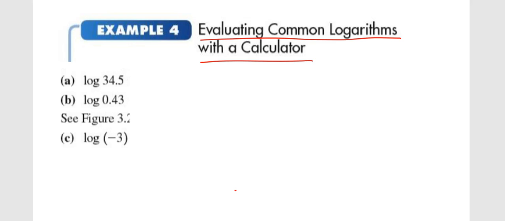It's not going to be hard for you guys to reach over with a machine, log 34.5, and see that it's approximately equal to 1.538. So we're just typing on a calculator. Nothing big about log 0.43.